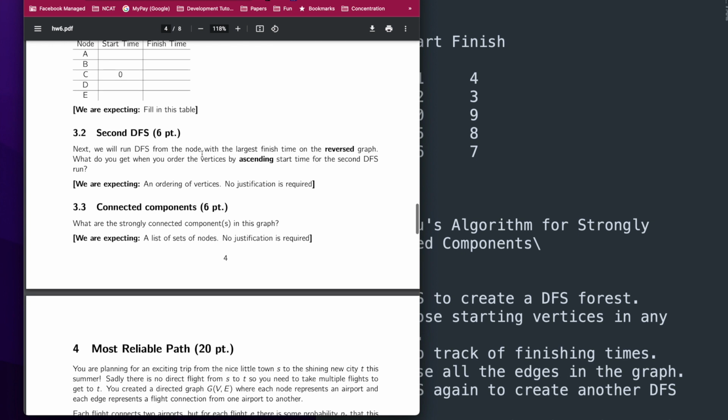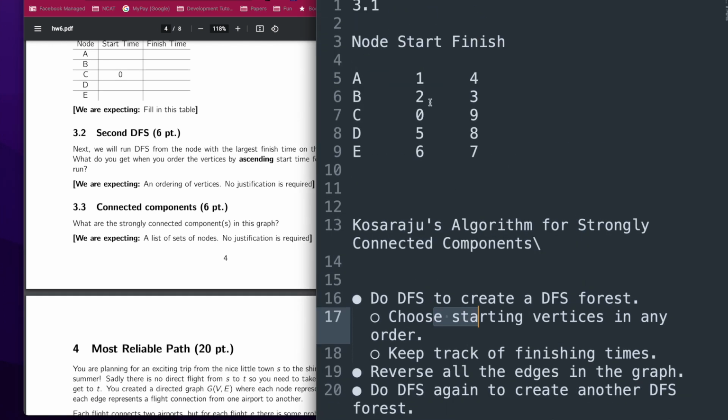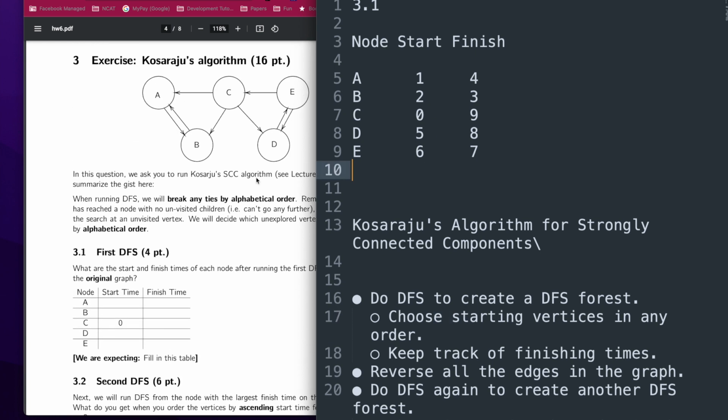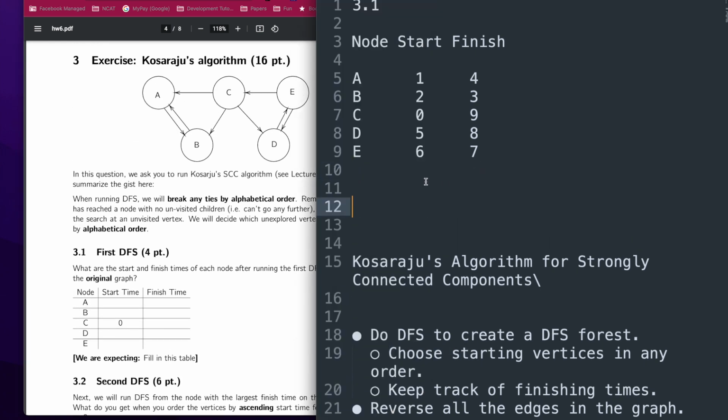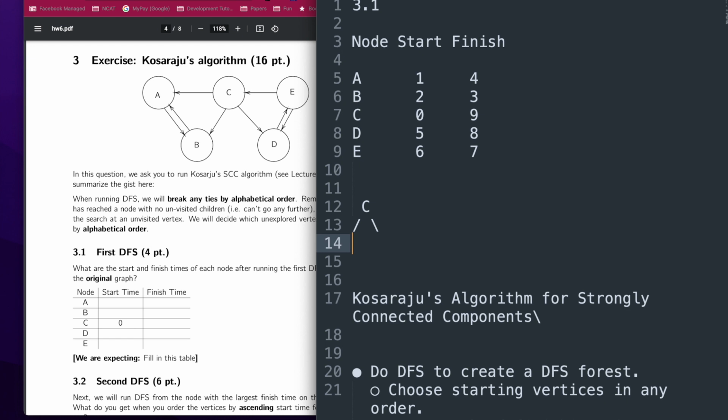Now for question 3.2, by the algorithm, we first do DFS to create a DFS forest. In our case, we didn't really even create a forest. We just had a single component, because we started at C. C has 2 children, A and D. These are the ones that we went to directly from C. Even though there's an edge from C to B, we didn't follow that edge when doing DFS.